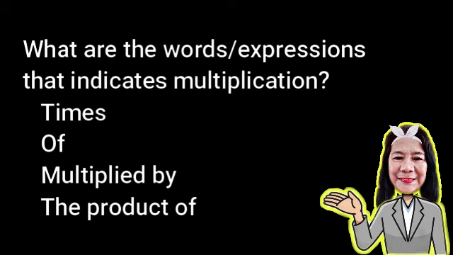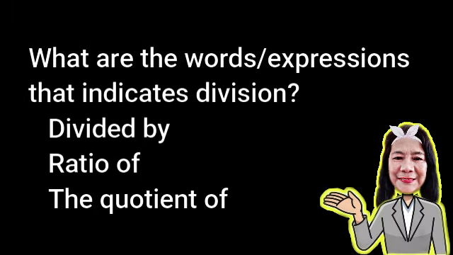For number 3 question, the expressions are times, of, multiplied by, and the product of. For number 4 question, the expressions are ratio of, divided by, and the quotient of.